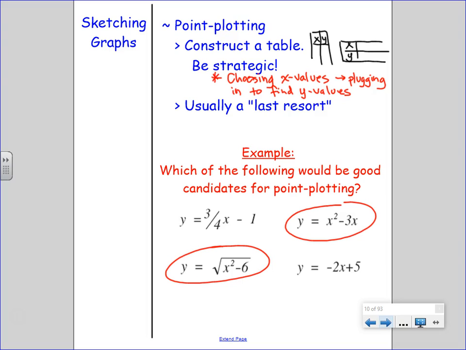Why am I not circling these ones? Hopefully they've become so second nature that you know, hey, they're both what, first of all? Lines. They're both in slope-intercept form, technically. And where would you start graphing lines? Yeah, you would start with the b, which on this one would be a -1. You can always get a point from the b, and then you would use your slope how?